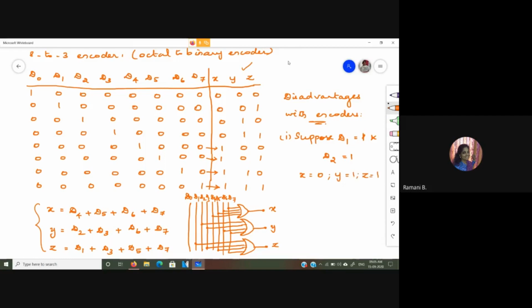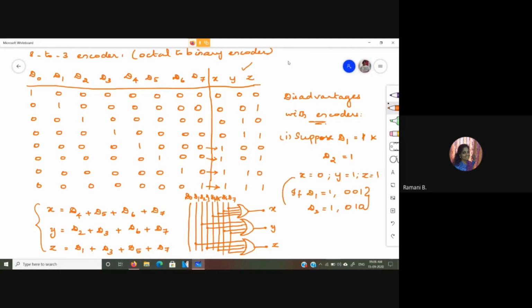But as per our condition, if D1 is 1, our output should have been 0, 0, 1. If D2 is equal to 1, our output should have been 0, 1, 0. But what are we getting here? We are not getting either of these outputs, right?